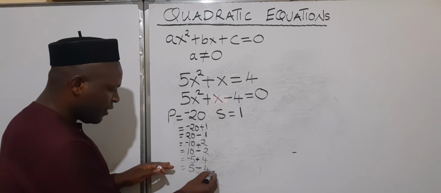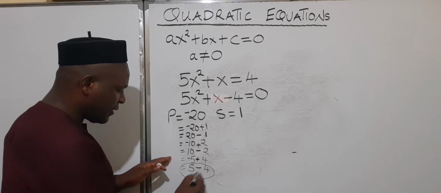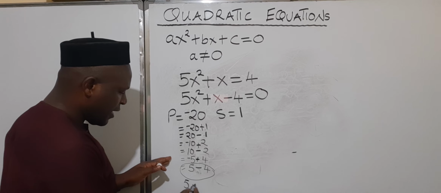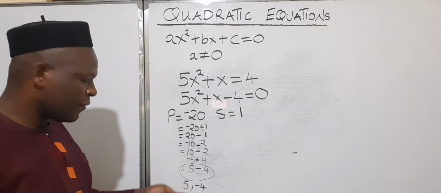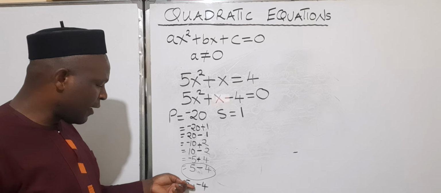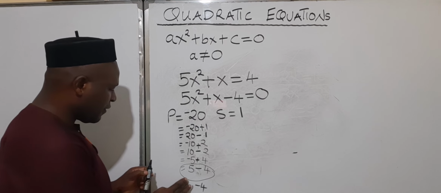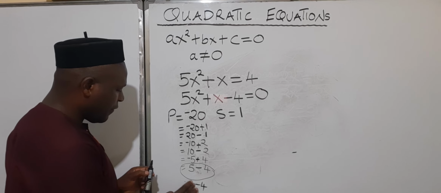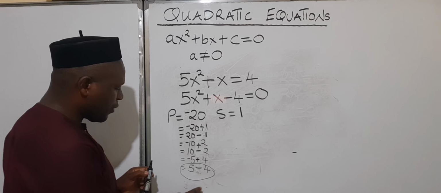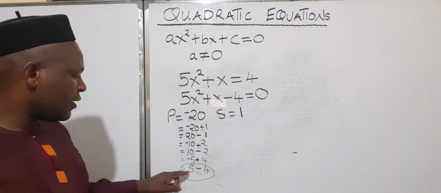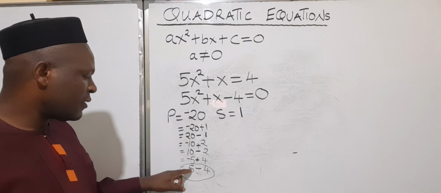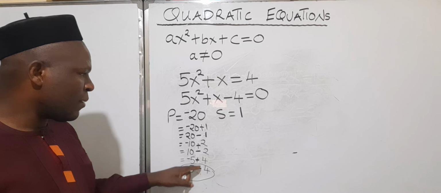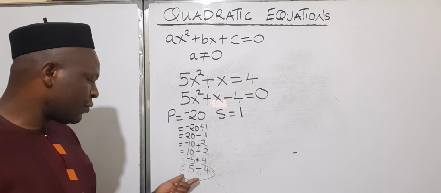Therefore, it means the factors that you multiply to get negative 20 are positive 5 and negative 4. The same factors, when you add, you must get a 1, which is very true.